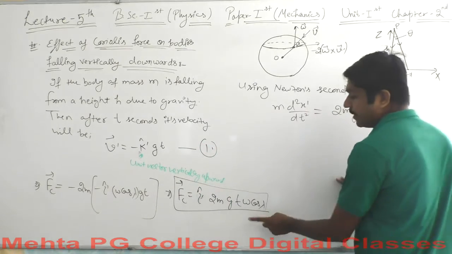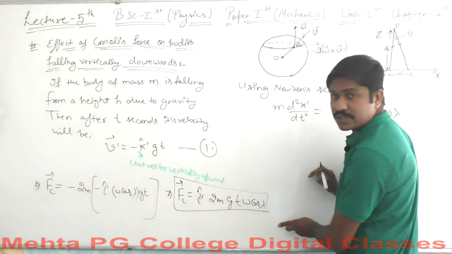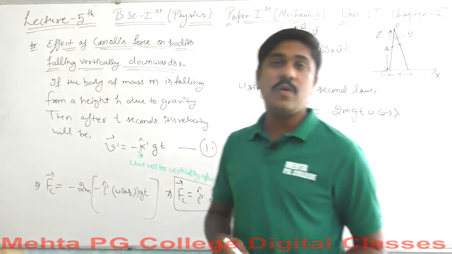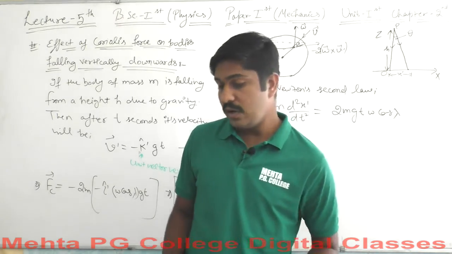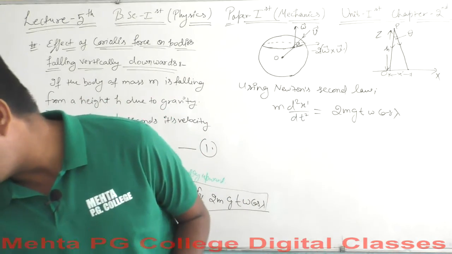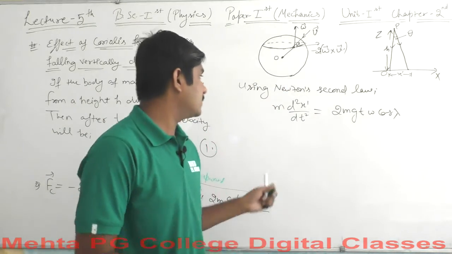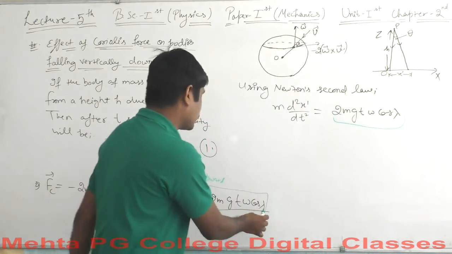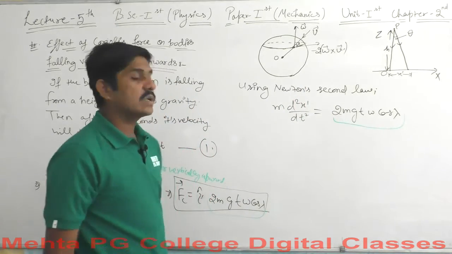This whole thing comes out here. This is the associated magnitude that we have talked about. According to Newton's second law, the rate of change of momentum, let's say this is 2mgt omega cos lambda, is the associated magnitude with the Coriolis force.